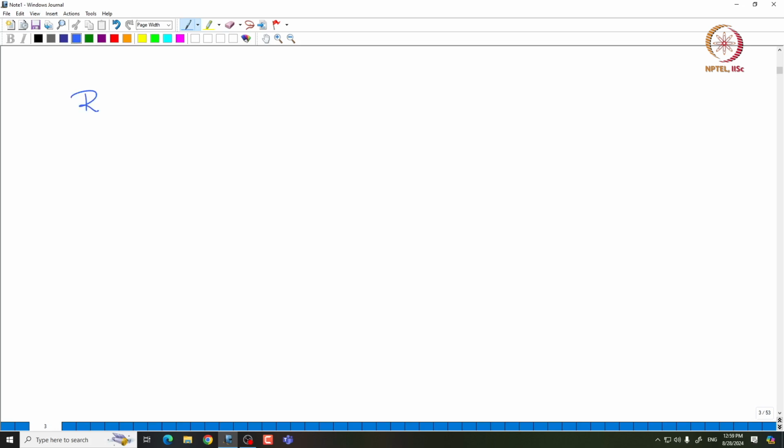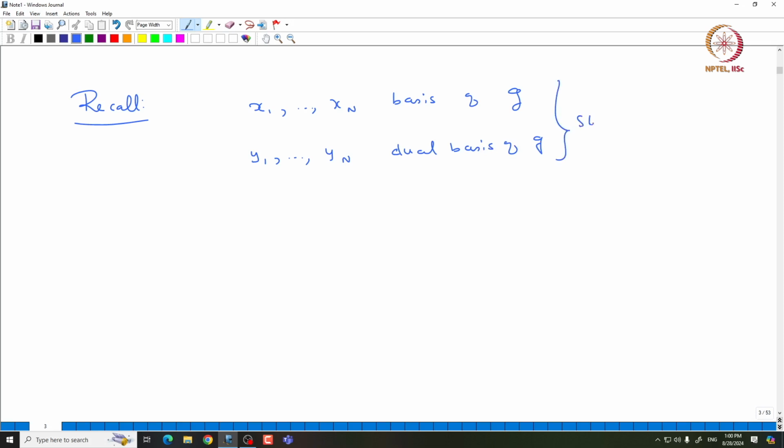Recall, this is a general discussion that we have already done. If you fix a basis, let us say x1 etc. xn, of G, and take y1 etc. yn to be the dual basis of G with respect to x1 etc. xn, dual with respect to, let us say, the Killing form, such that the Killing form of xi, yj is delta ij.